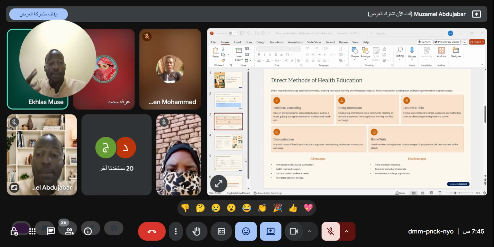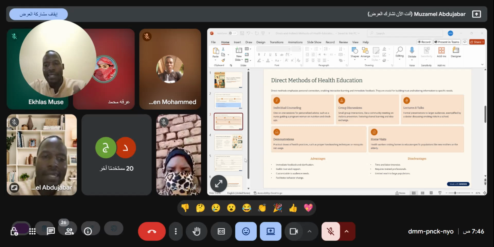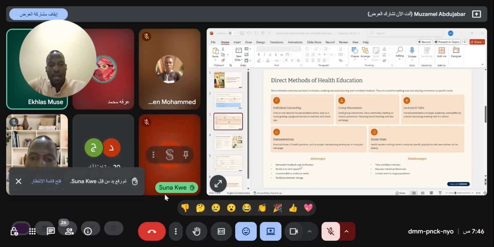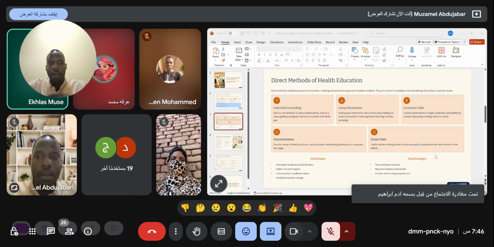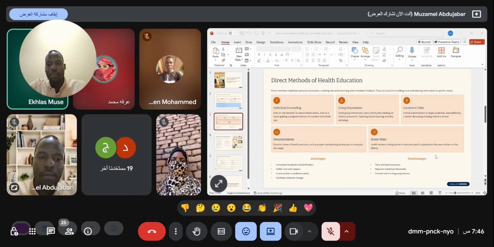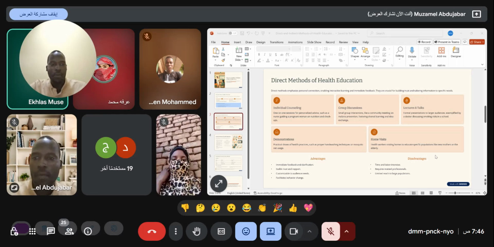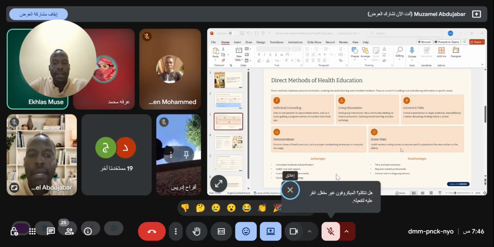Moreover, it can help you to change the behavior of your community to good behavior. This is the advantage of the direct method. The disadvantage of the direct method is that it takes time. Moreover, it requires a professional person to deliver this health education. Moreover, it is difficult to disseminate the information to the mass or many people in one place. This is the disadvantage of direct education.